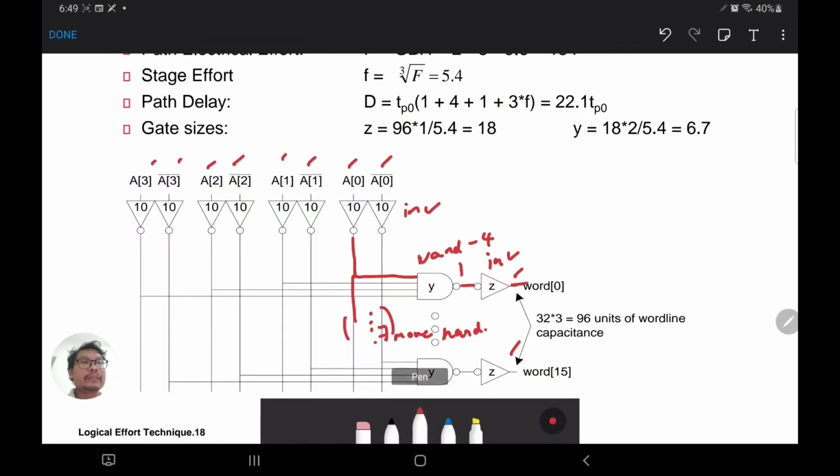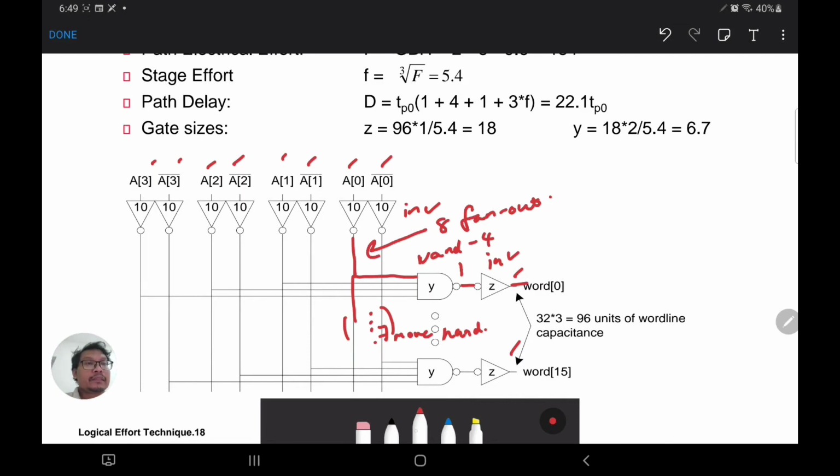This is the first one, and then you have the second one until 7. So in total you have a fan out of 8. So the output of inverter A0 is actually connected to 8 other 4-input NAND gates.